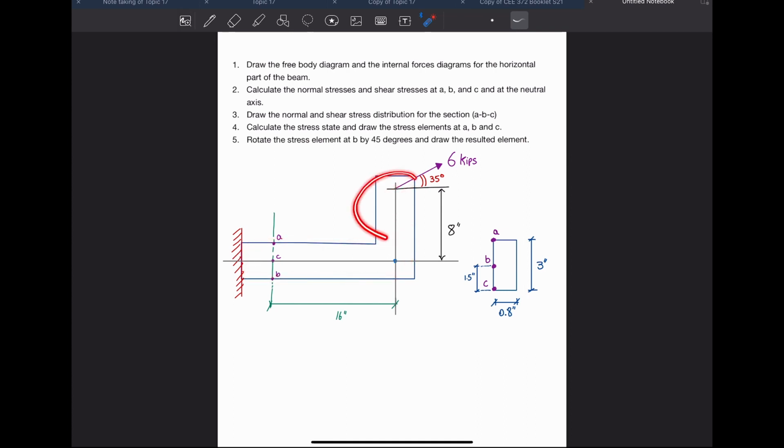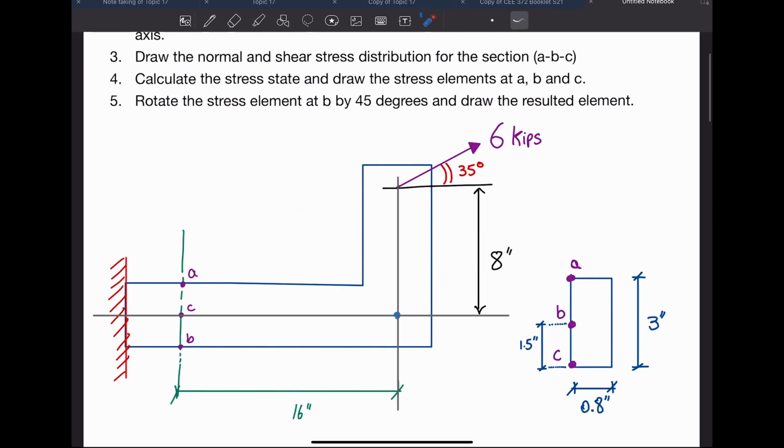So I want to remove that part and put its effect on the centroid of that beam so that I can study the beam. First of all, I can't deal with inclined forces. Instead, I need to do a resolution here and put this force in x and y. So I will remove this 6 kips and I will put 6 cosine 35, and then I do have 6 sine 35.